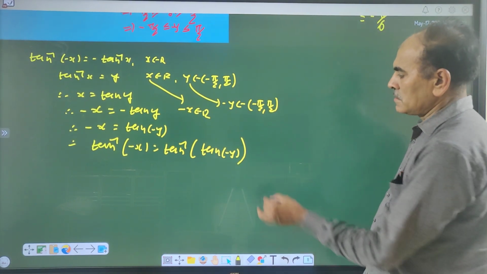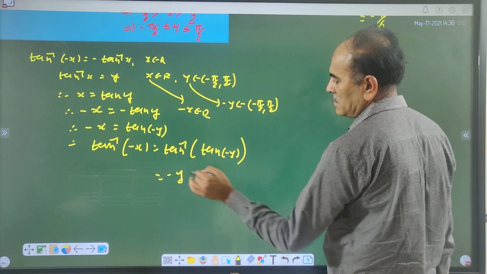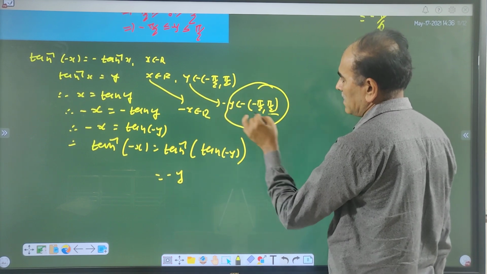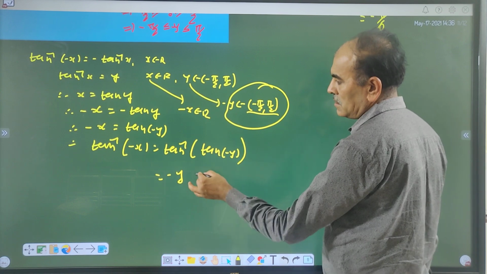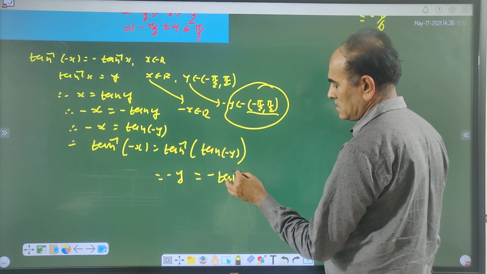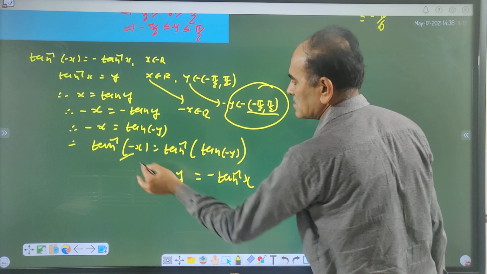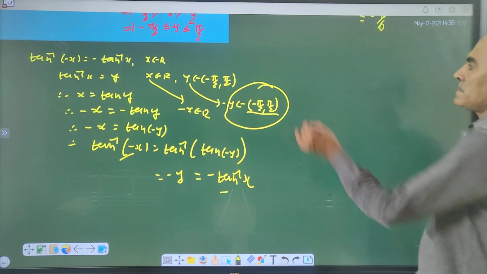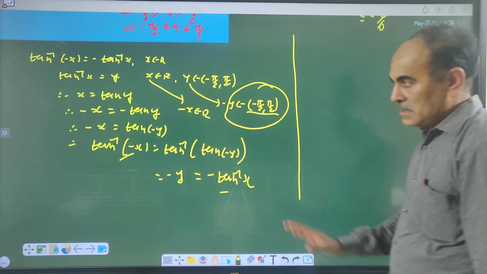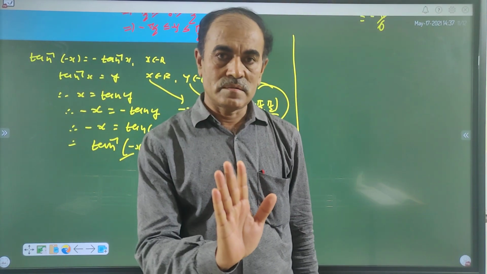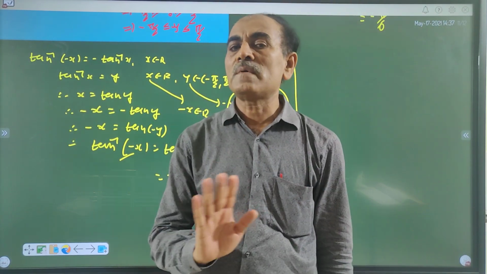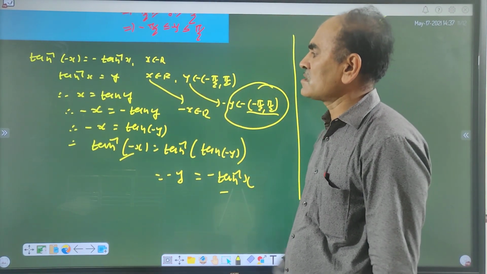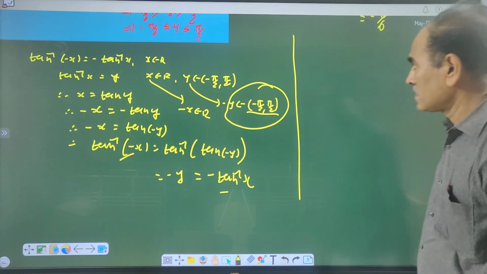And that is equal to minus y, because minus y lies in the open interval minus pi by 2 to pi by 2. Replace the value, that is equal to minus tan inverse x. So tan inverse minus x is equal to minus tan inverse x. Similarly, we can prove the others. The proof is not in our syllabus, but without proof, it is not easy to explain standard forms. This is the reason I am proving.